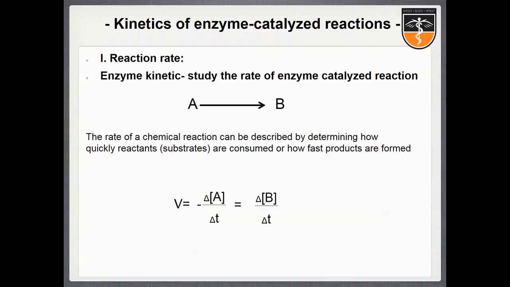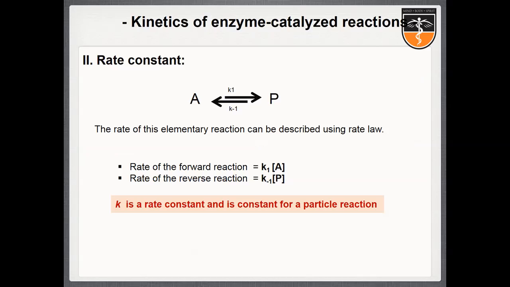Just like the speed of your car is the mileage you drive per unit of time, for a chemical reaction the speed, which is the velocity, is the amount of loss of the substrate over time or the product occurrence over time. Same concept, okay? So change of substrate concentration over change of time, change of product concentration over change of time.